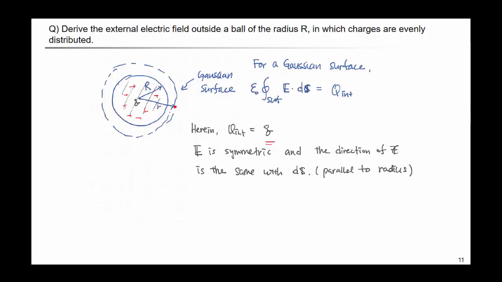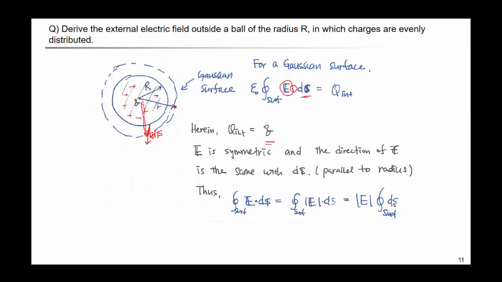If we draw the Gaussian surface as a sphere with the radius of small r, then the direction of E is the same as the direction of dS. So the electric field is parallel to the unit vector, and we can take out the inner dot product.